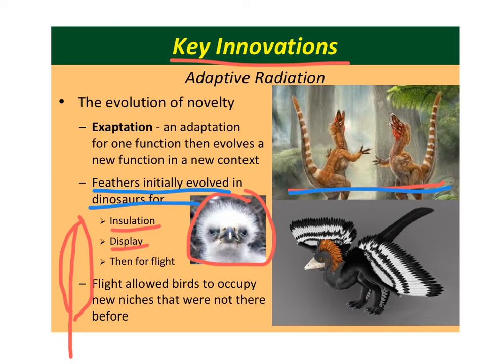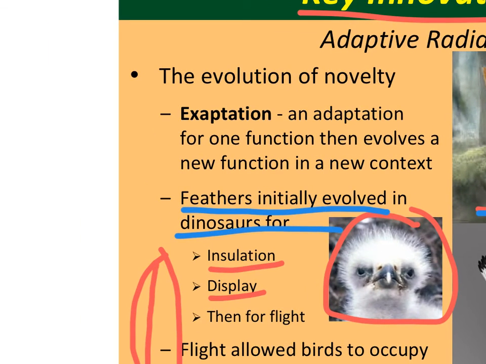And then feathers were already on bird-like dinosaurs, and the feathers started to change. And they went from symmetrical feathers to asymmetrical feathers.